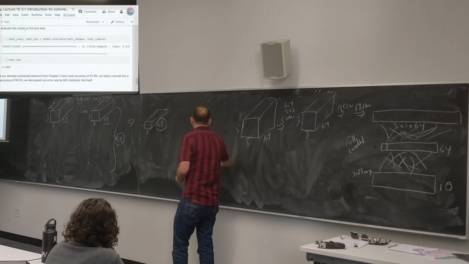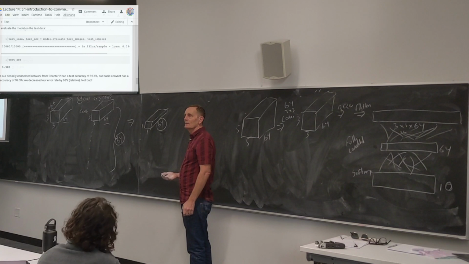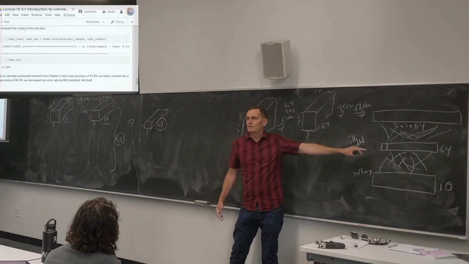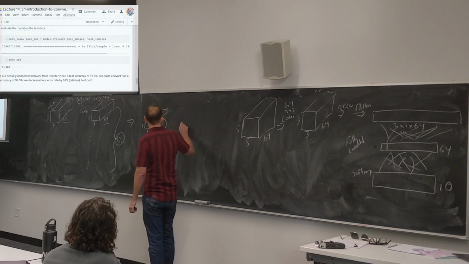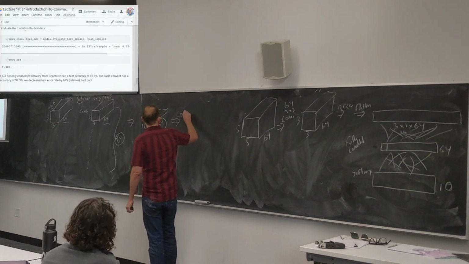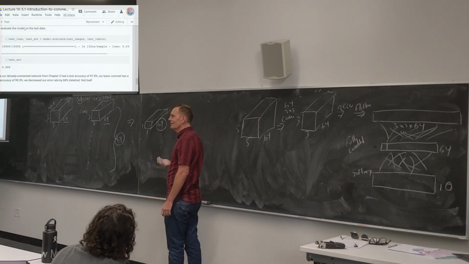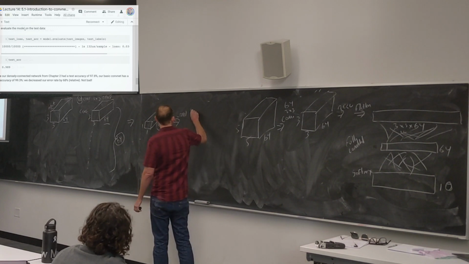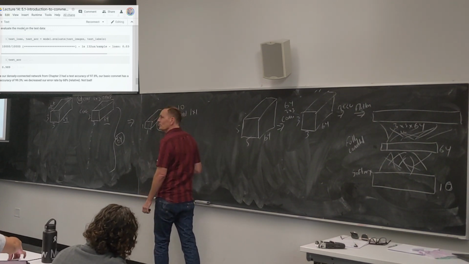So I'm going to take this 1 by 1 by 64 and turn it into, in this case I went from 64 to what? To 10. So let's go to 10. So I'm going to do a convolution. What kind of a convolution? 1 by 1. How many? 10 1 by 1 convolutions.